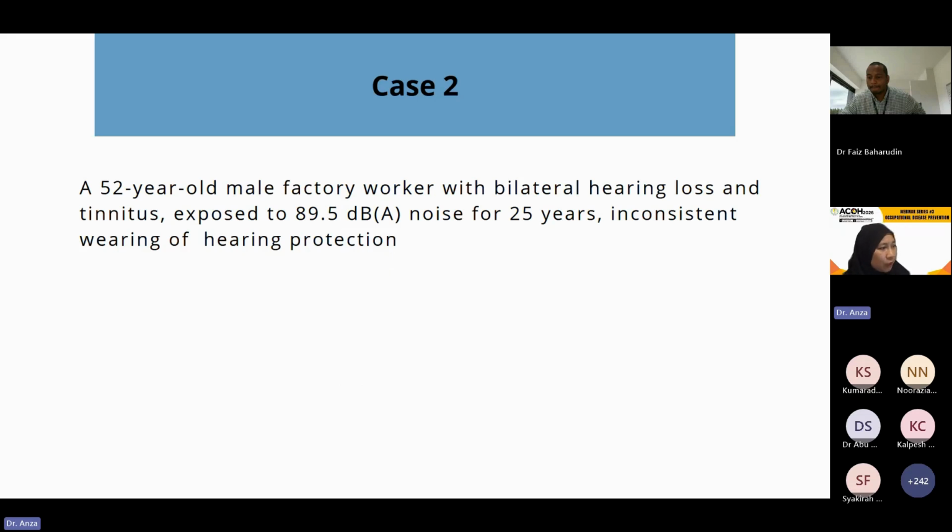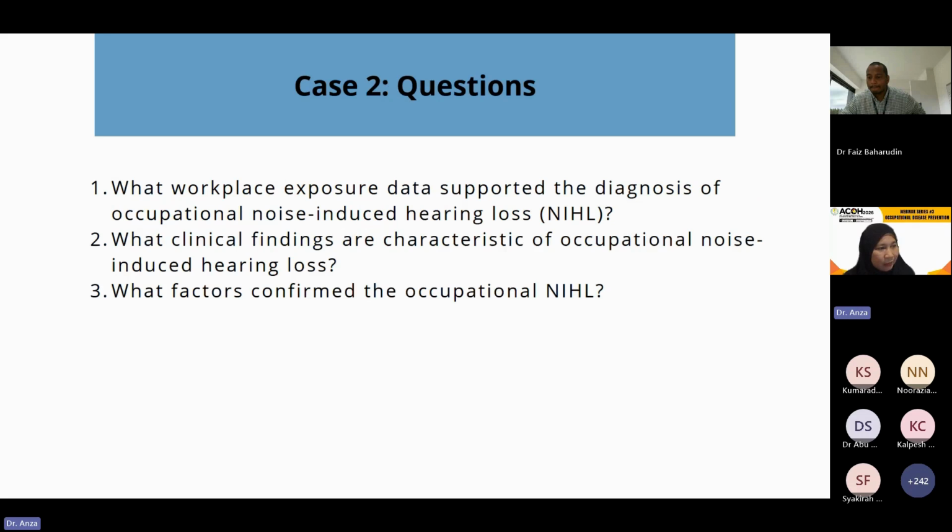A 52-year-old male worker with bilateral hearing loss and tinnitus, exposed to 89.5 decibels of noise for 25 years. He does not wear hearing protection consistently. Right?